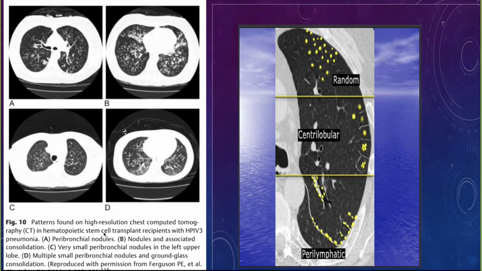And figure C has very small peribronchial nodules. The picture doesn't have the best quality. And here, there are multiple nodules, but you see an area of ground glass.